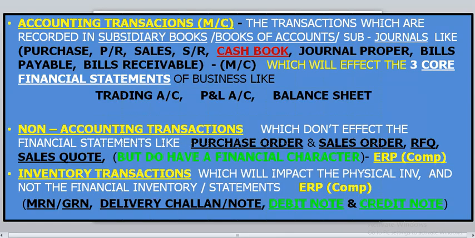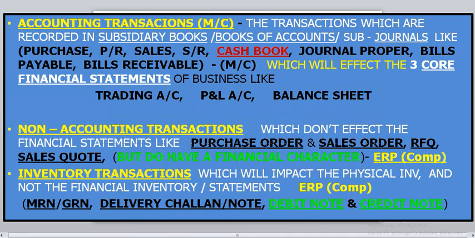It is a business activity, and the involvement of two parties for the exchange of goods and services in monetary terms. These are the four elements available in this purchase order or sales order. But it will not affect the financial statements because it is just a purchase order. We did not receive the goods, we are just ordering them. That is the reason it will not affect the financial statements.